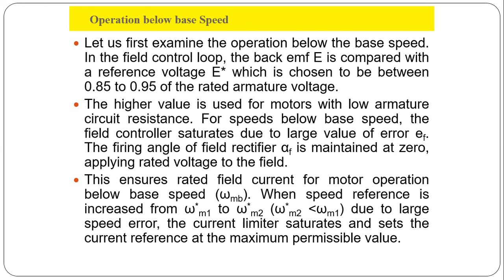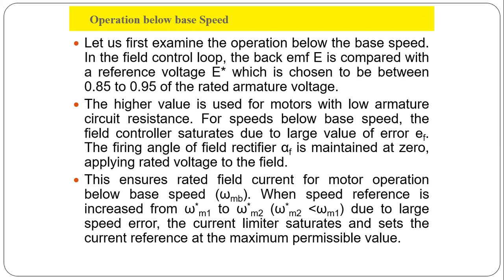The higher value is used for motors with low armature circuit resistance. For speeds below base speed, the field control saturates due to the large value of error E F, and the firing angle of the field rectifier, alpha F, is maintained at 0, applying rated voltage to the field.